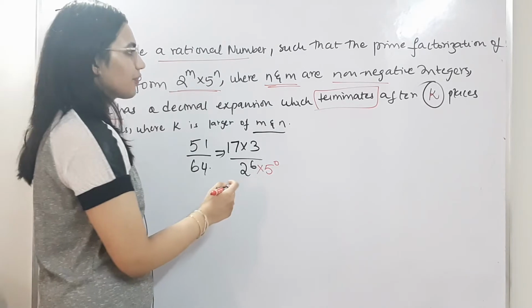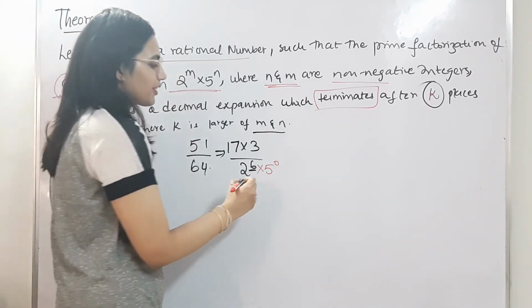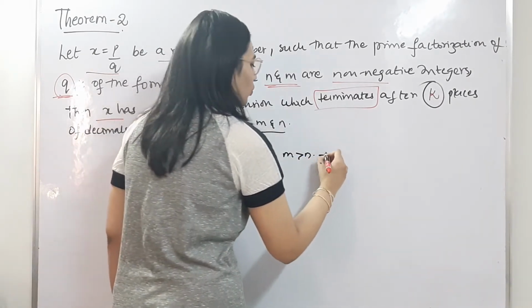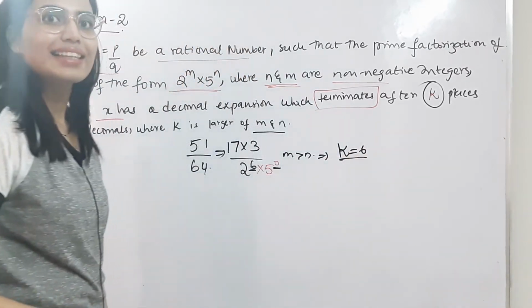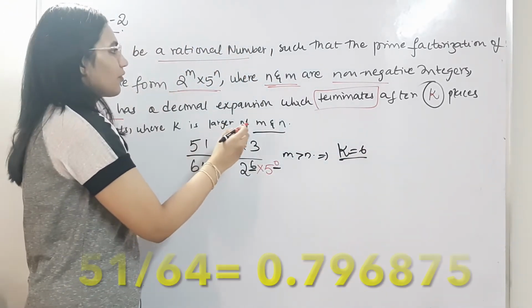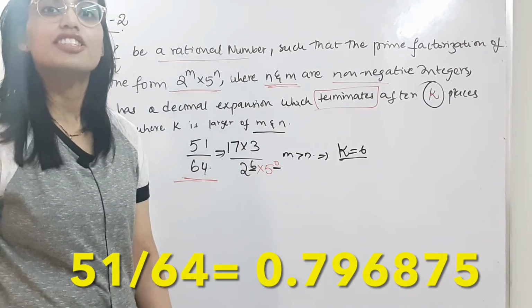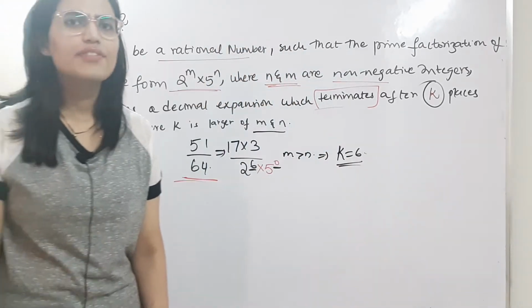What is the power of m here? 6, right? What is the power of n here? 0. And here m is greater than n. So, what will be k here? 6. This means that the decimal expansion of 51 by 64 will stop after 6 places. Check yourself in the calculator.